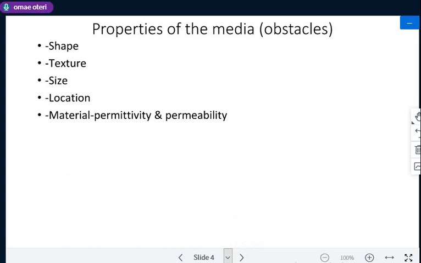Then from there, we looked at the properties of the different obstacles, which are basically the media that will most probably be affecting our signals as they propagate. And this is quite important when it comes to spectral management.